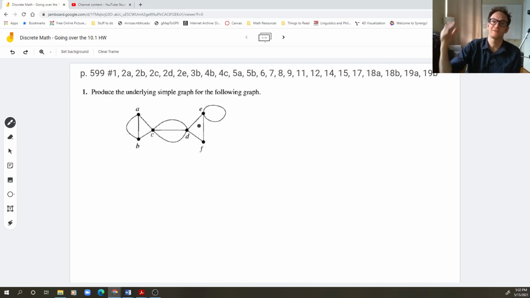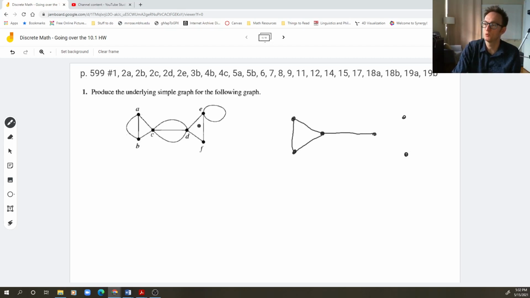The underlying simple graph is a graph that you make from a multigraph, and basically you get rid of all loops, and if there are multiple edges between two vertices, you just replace it with one edge. So okay, let me just do it. This should really take 5 seconds.